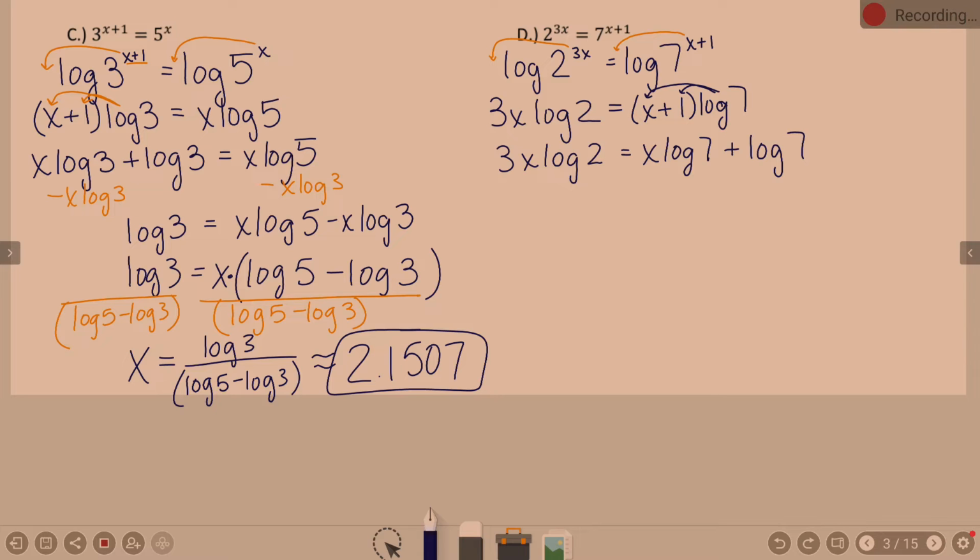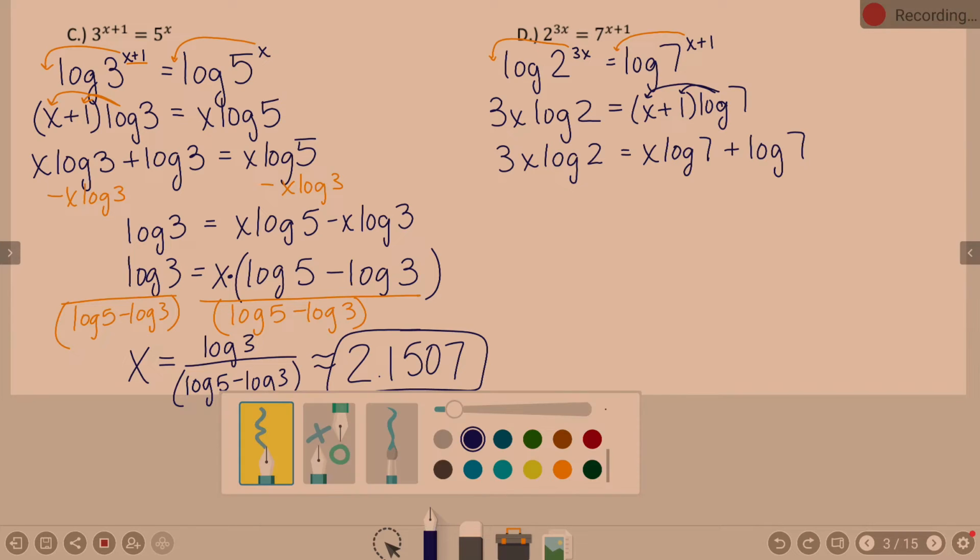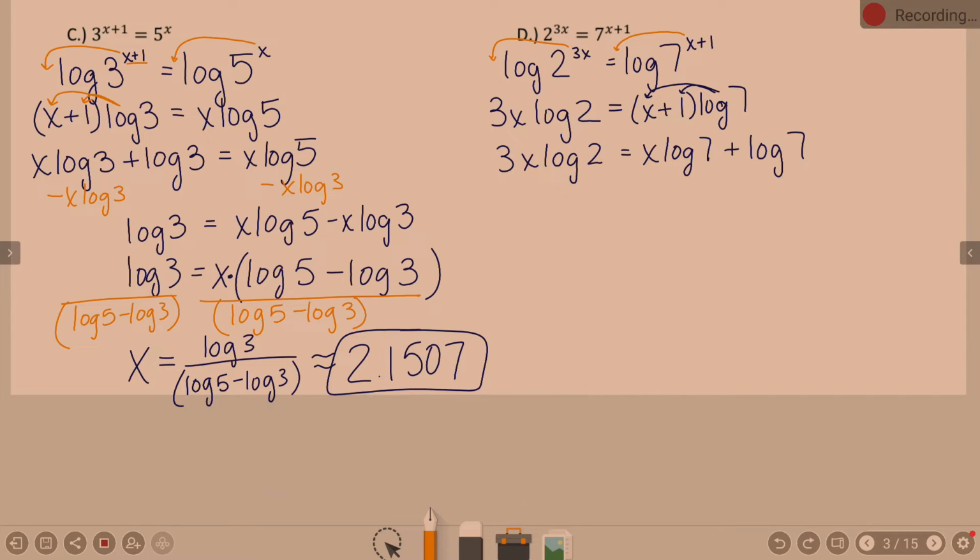Now what? Factor out the x, right? Well, yes, in a moment. What do we have to do before we can factor the x out? Get them both on the same side, right? So right now, I have 3x log 2 on the left. I prefer that the x log 7 be over there with it. So in order to move this, I'm going to subtract x log 7.